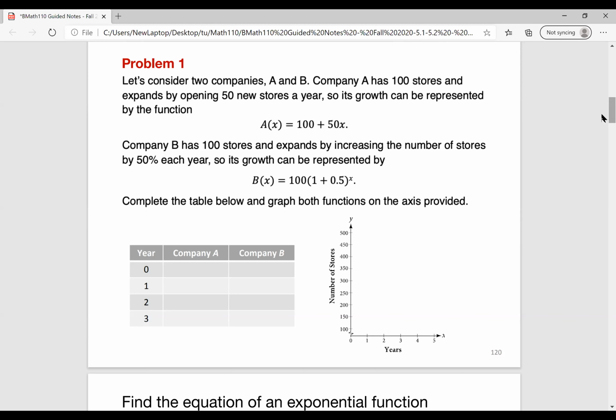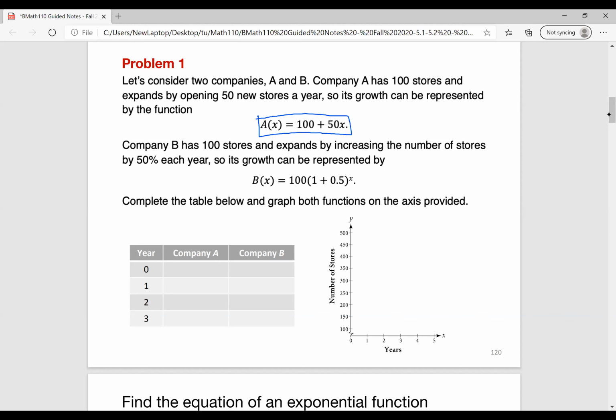Let's consider two companies, A and B. Company A has 100 stores and expands by opening 50 new stores a year, so its growth can be represented by the function A(x) = 100 + 50x.